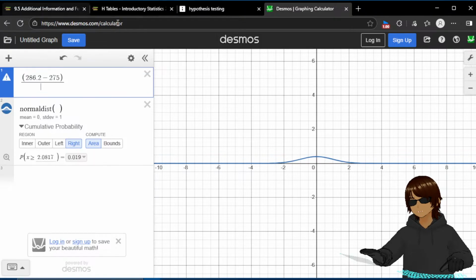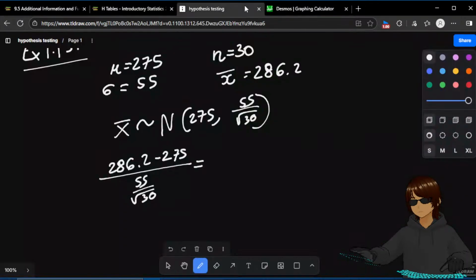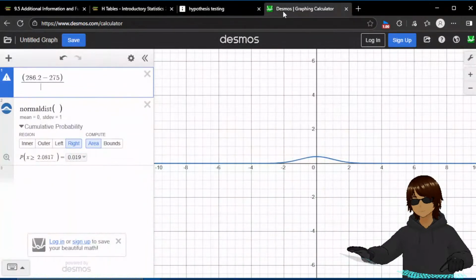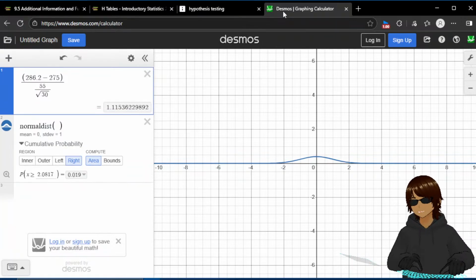So 286.2 minus 275, divided by 55 over root 30, gives 1.115.